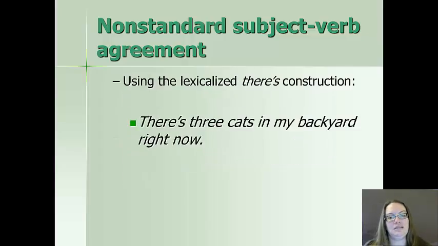We also, as native speakers, sometimes use the lexicalized theirs construction for something like, there's 3 cats in my backyard right now, where theirs is actually supposed to mean there is and not there are. But for some reason, when we put it together as theirs, we interpret that as being okay as either a singular or a plural. Okay?